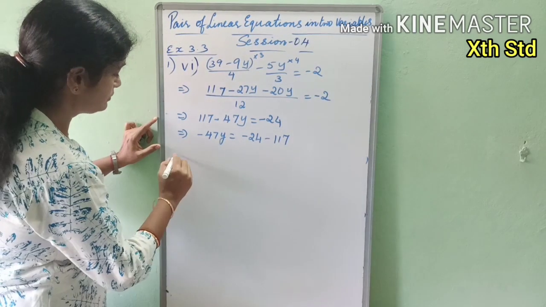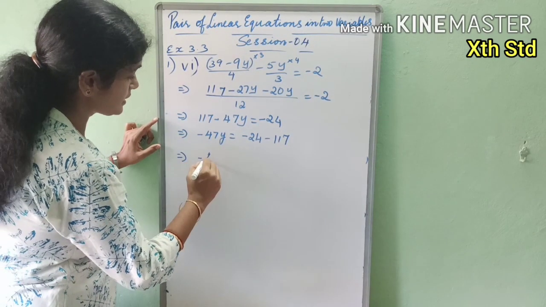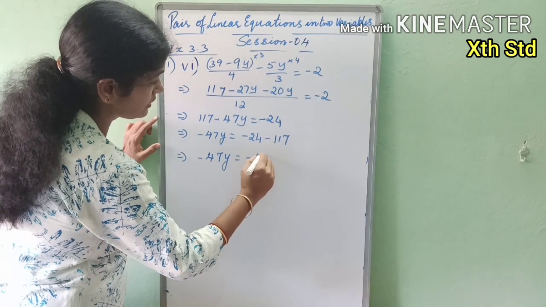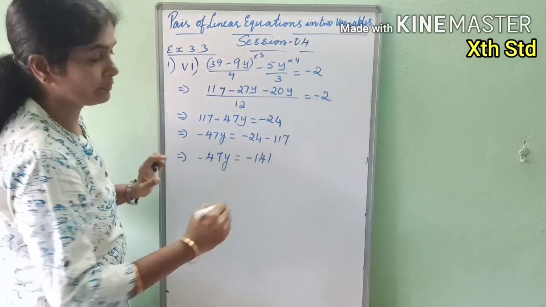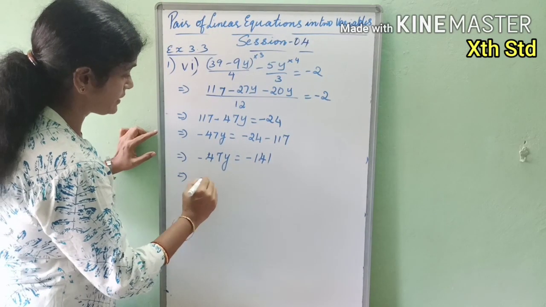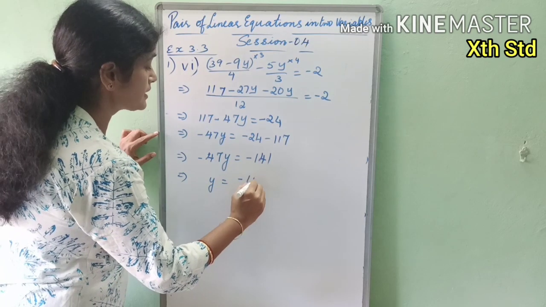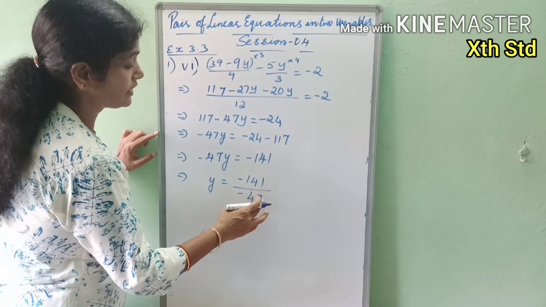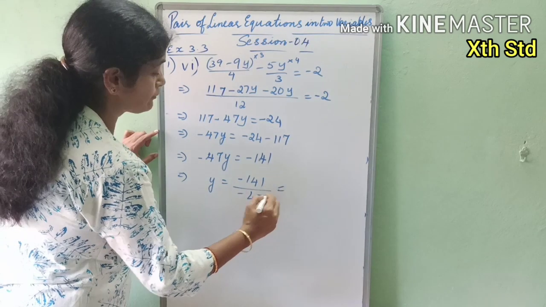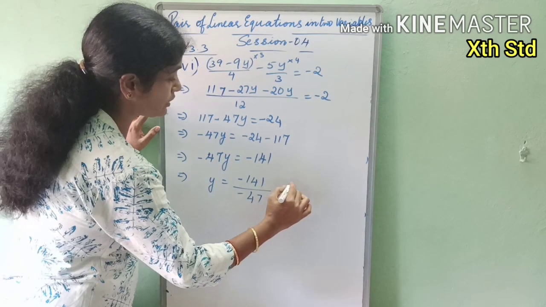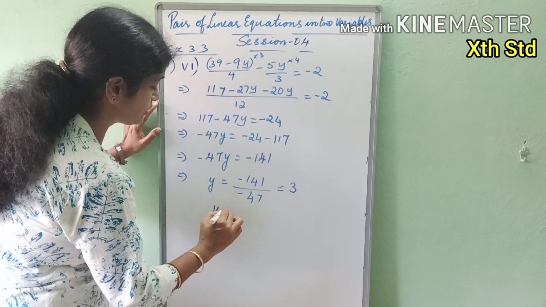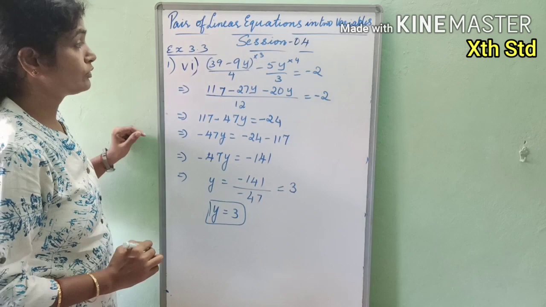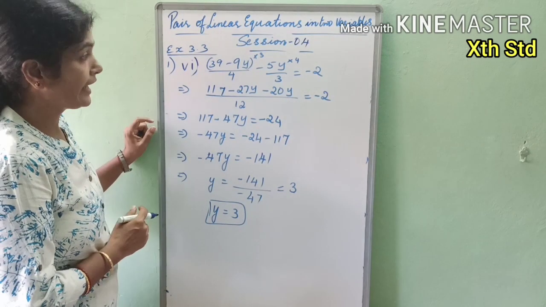That will be equal to minus 47y is equal to minus 141. Right? So this implies y is equal to minus 141 by minus 47. 47 into 3 gives you 141. So y is equal to 3. Therefore, you have to substitute and get what is x.